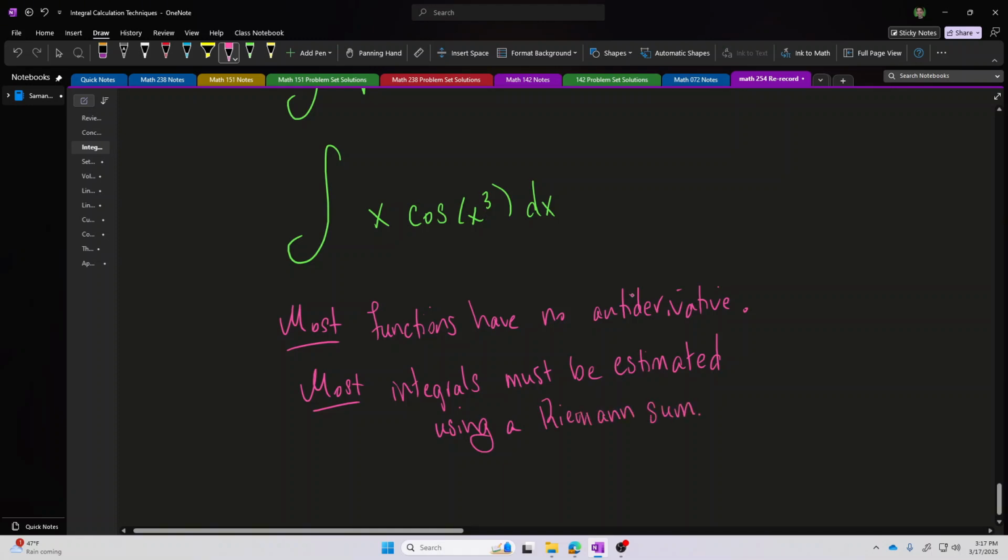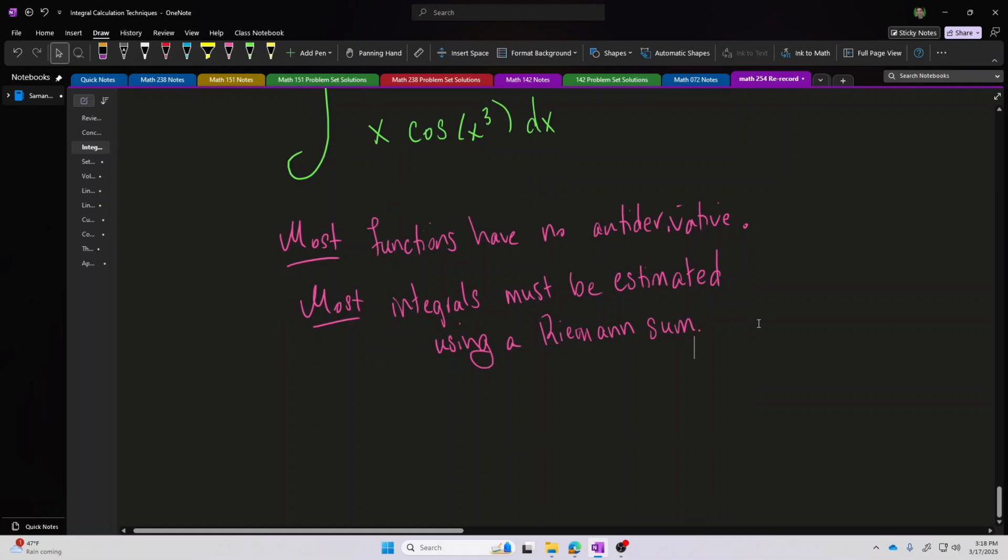So Riemann sum estimates are important, and Riemann sum estimates represent the majority of what you're actually going to be doing with integrals when you leave school and are doing integrals in the real world for actual career applications. So don't abandon Riemann sums. They're very, very important.